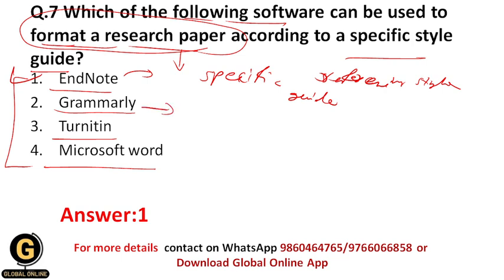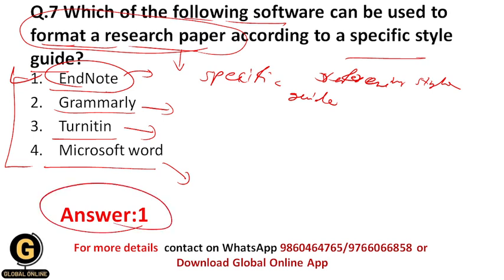Grammarly is basically a grammar, punctuation and spelling detection software. Turnitin is a plagiarism detection software, and all of you know what Microsoft Word is. By using Microsoft Word also you can format a research paper, but EndNote is a software. Are you getting? That's why here your correct answer should be 1.